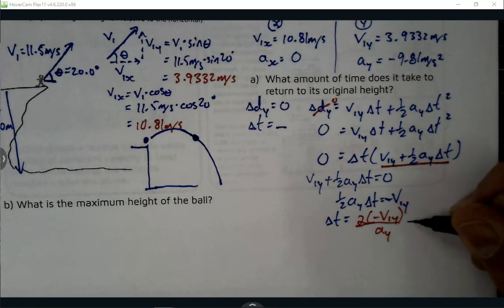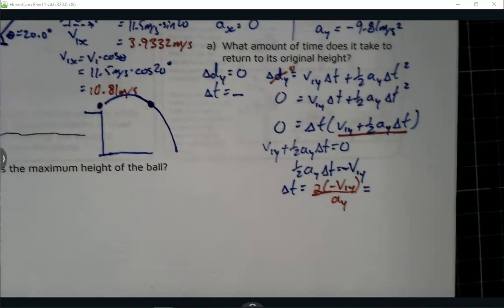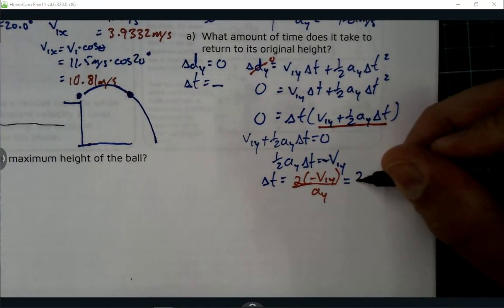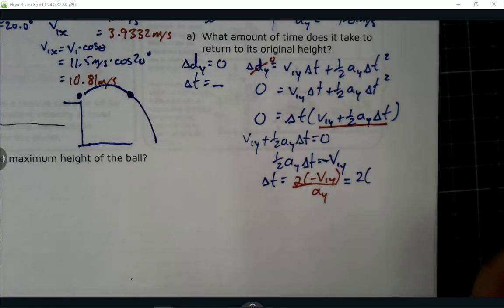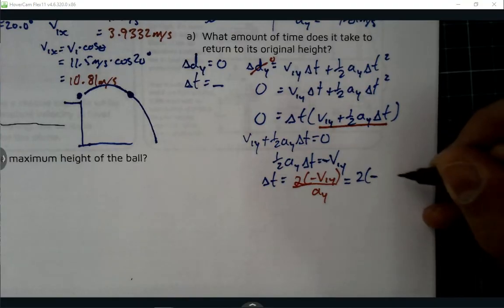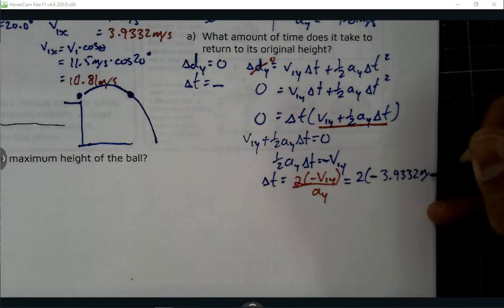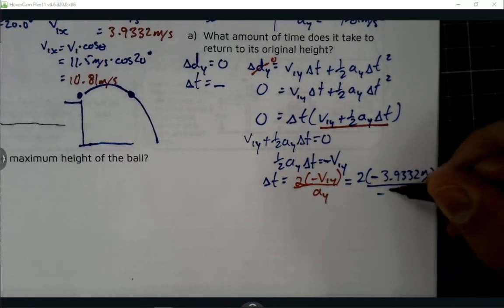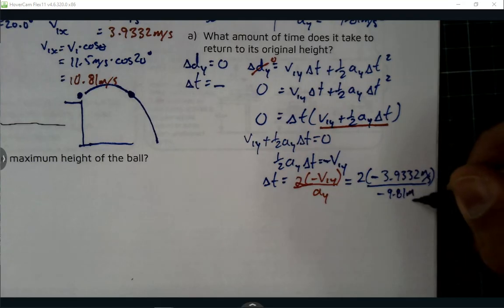I think I'm going to just put my equal sign beside there because I don't want to run out of space. Don't tell my math teacher friends that I did it. Bad form. 2 times negative v1y, so negative of 3.9332 meters per second, divided by ay, which was negative 9.81 meters per second squared.